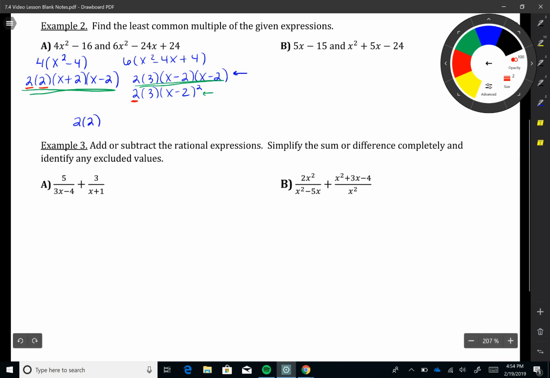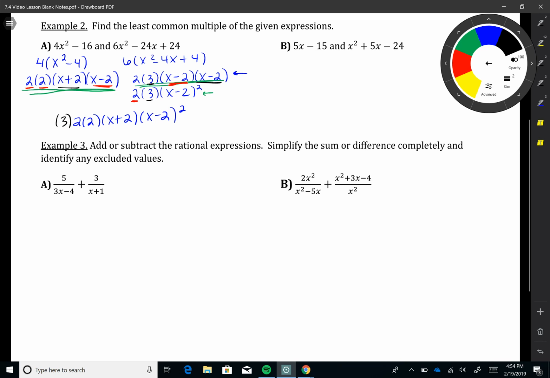There is not one of those on the right, so I still need to write that. But I also have an x minus 2. On the right, there are 2 of those. So I do need to write that, but I do need to put the squared on it so that I'm accounting for those 2. And then the one thing I haven't accounted for is this 3 here, so I need that out there too. So I'll just go ahead and throw that in front.